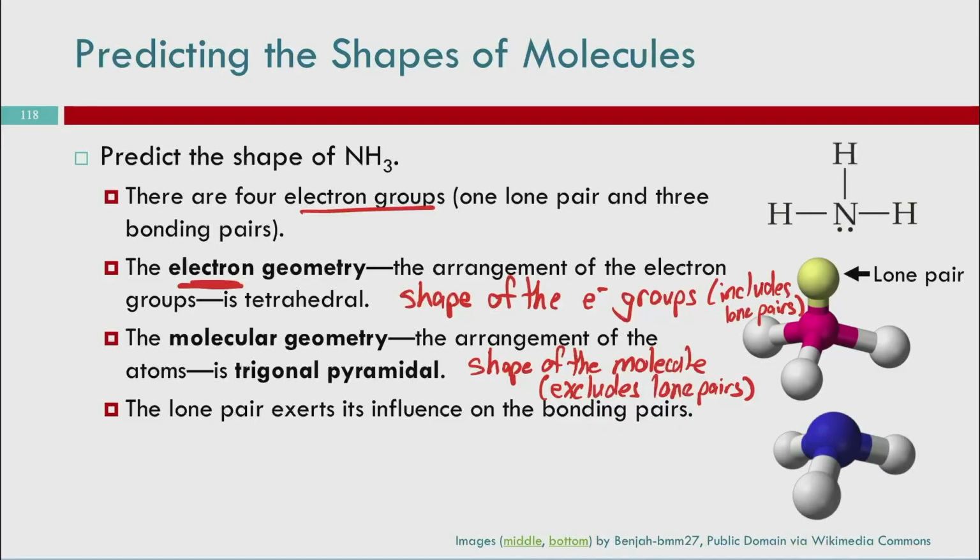Is it in a two-dimensional plane? It's not, right? Because this lone pair group is repelling this other group out of the way. And so we've got 3 points. And so we've got actually a trigonal pyramidal shape.